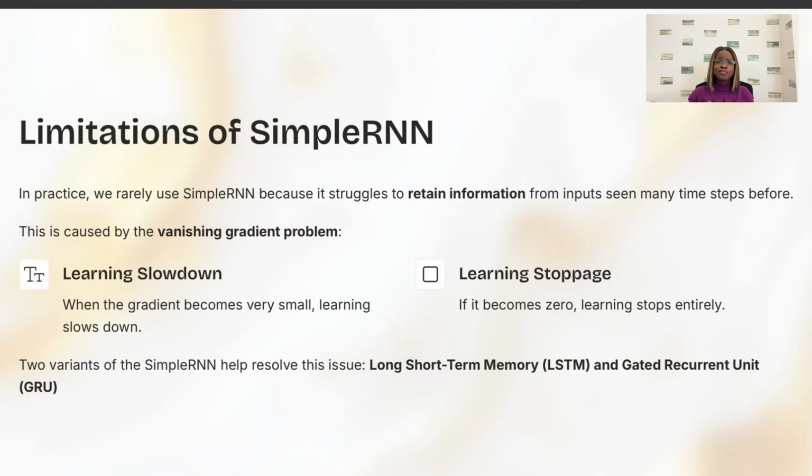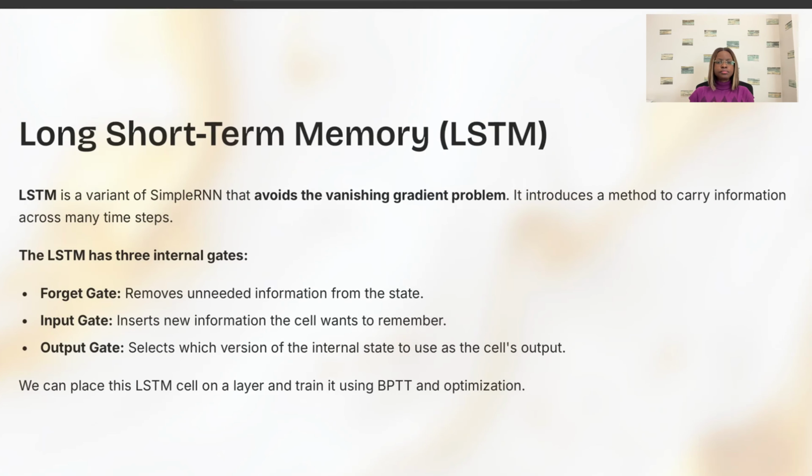Let's look into them. This LSTM avoids the vanishing gradient problem by introducing a method to carry information across many time steps, across many data points. That's exactly what time steps mean.